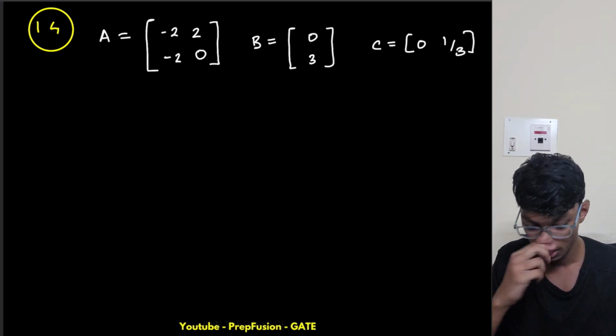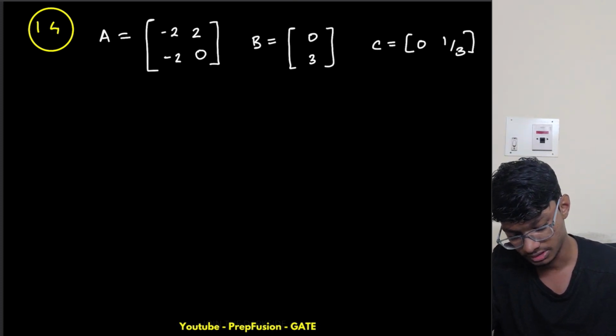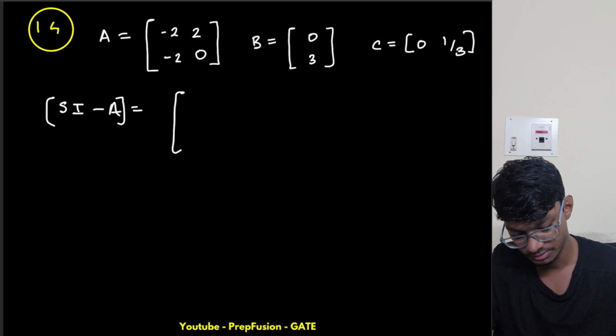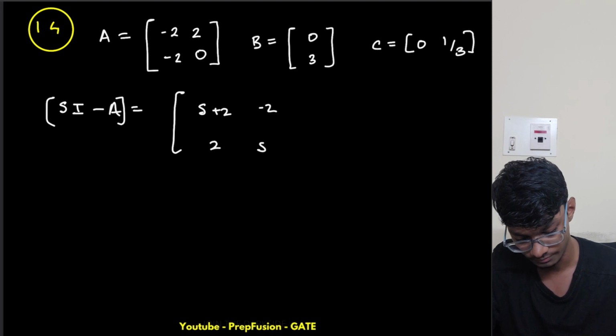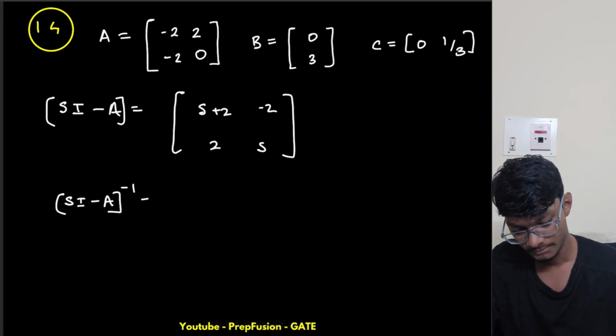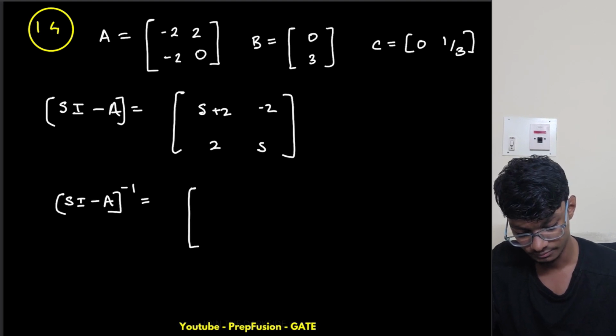So here again I will follow the same procedure. I'll do sI minus A. This time I will just write this directly. What is my sI minus A? It becomes s plus 2, minus 2, s, this is plus 2, and this is s only, and I will do the sI minus A inverse. If I do the sI minus A inverse, what do I get?